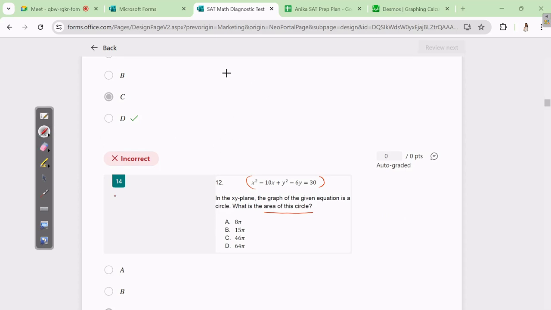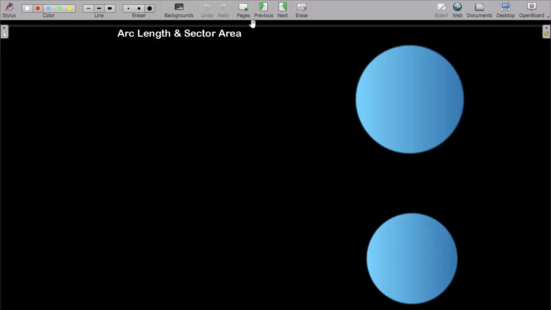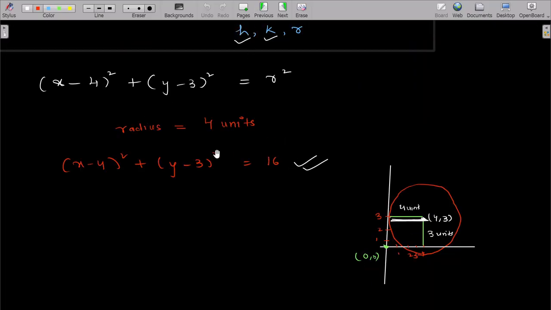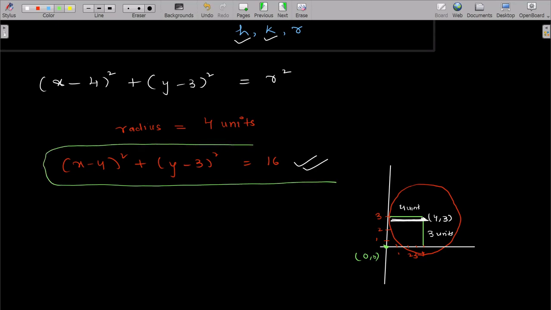Anika, can you first tell me what is the radius of this circle if just this equation is given to us?